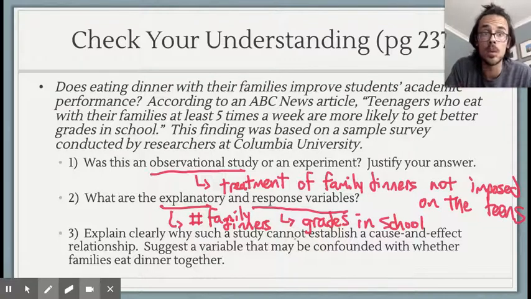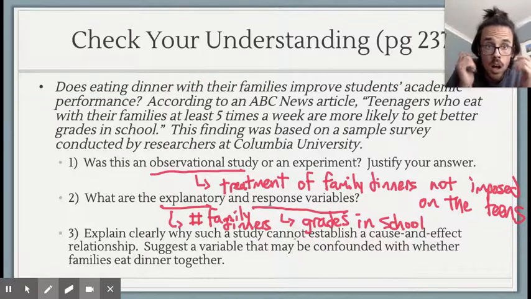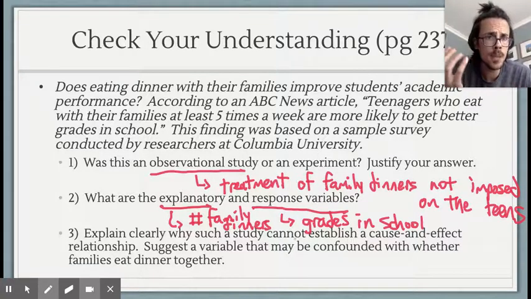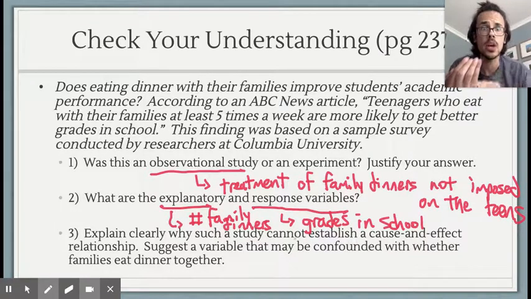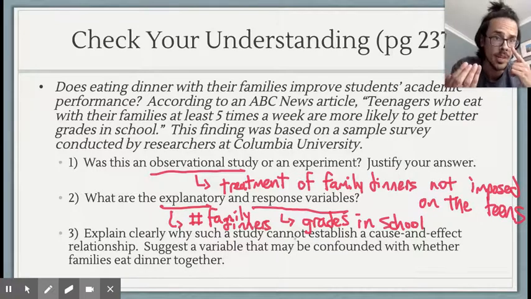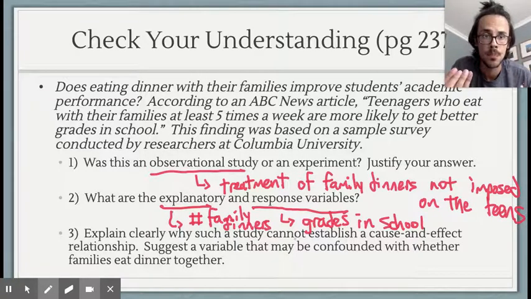In this problem, a little bit lower stakes here than the last one, but we're looking at teens who eat with their family. So if I'm a teen and I eat with my family 5 times a week, what other things could be going on that could be responsible for the grades other than the fact that I was eating dinner?